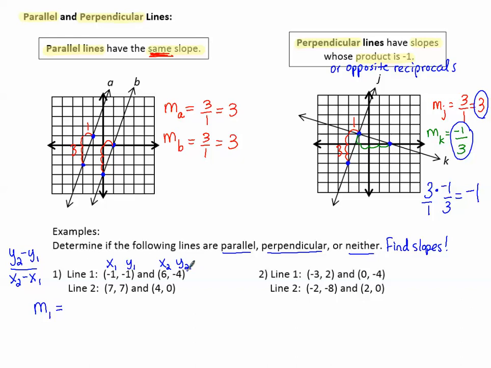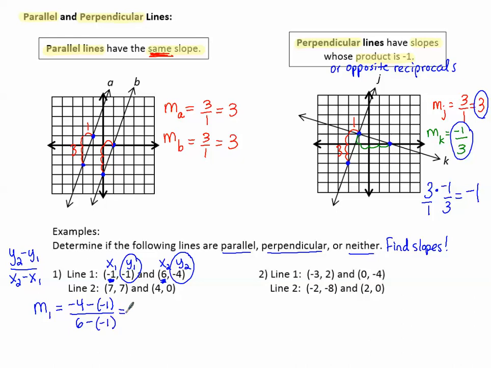It doesn't really matter which point we call 1 and which point we call 2, as long as both of these coordinates are at the same point. So we start by subtracting the y's. Start with the y's. -4 minus -1 over, and now subtract the x's. 6 minus -1.